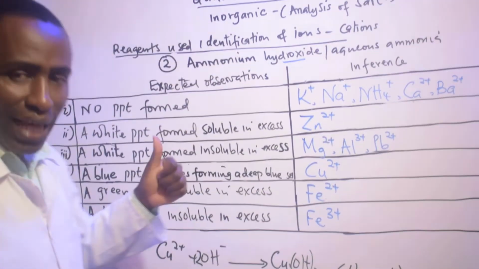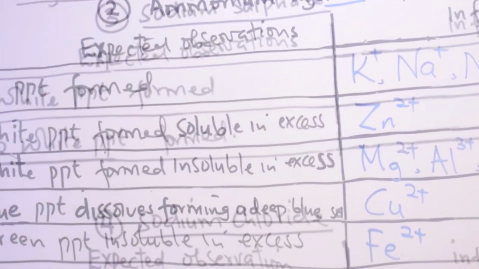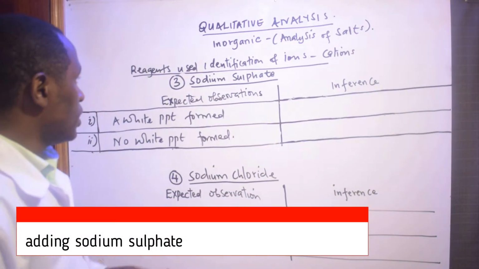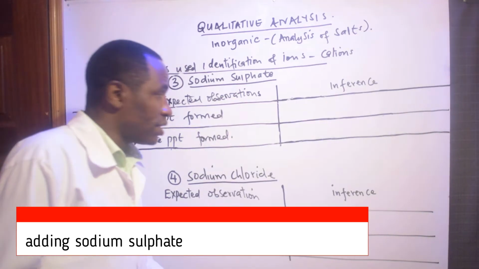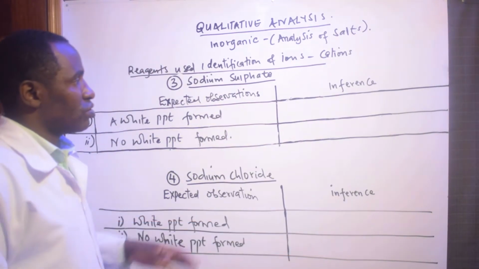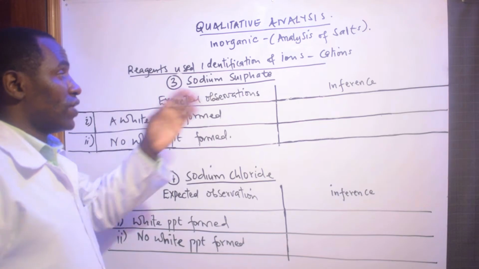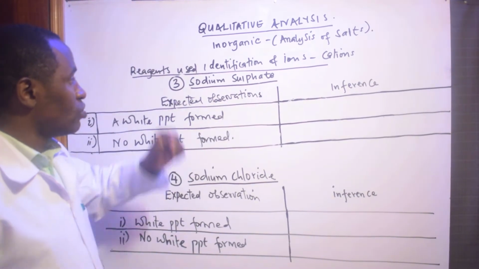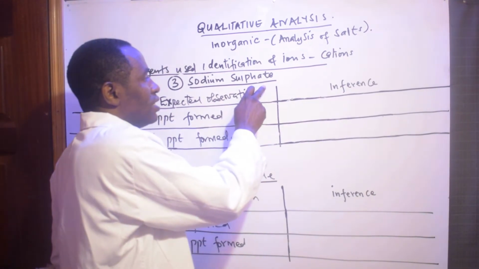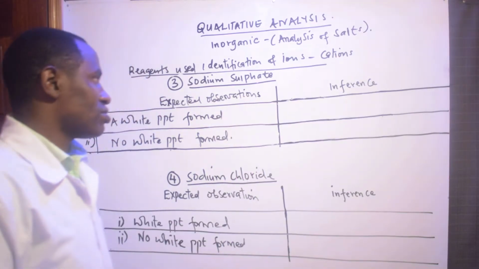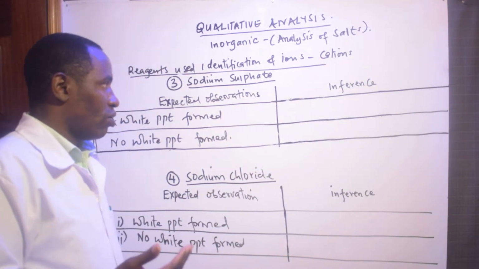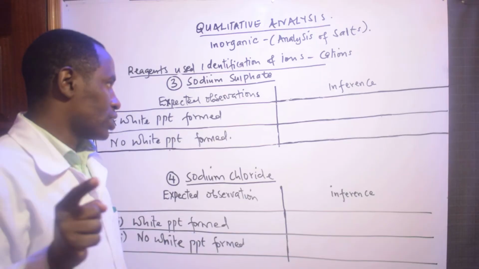Let me get to the third reagent. Now, the third reagent I want to talk about is sodium sulfate. As far as sodium sulfate is concerned, this will work on the basis of solubility, or what you call a precipitation reaction.